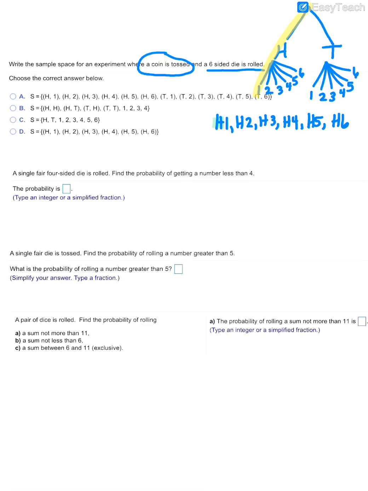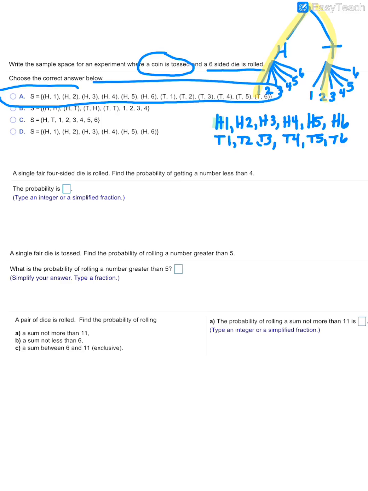And then if I go down this other side of the tree diagram, all the branches over here, then I could get a tail with a 1, tail 2, tail 3, tail 4, tail 5, or tail 6. So when I look at all of my choices, it looks like this first one is the one correctly listing all of the outcomes in my experiment.